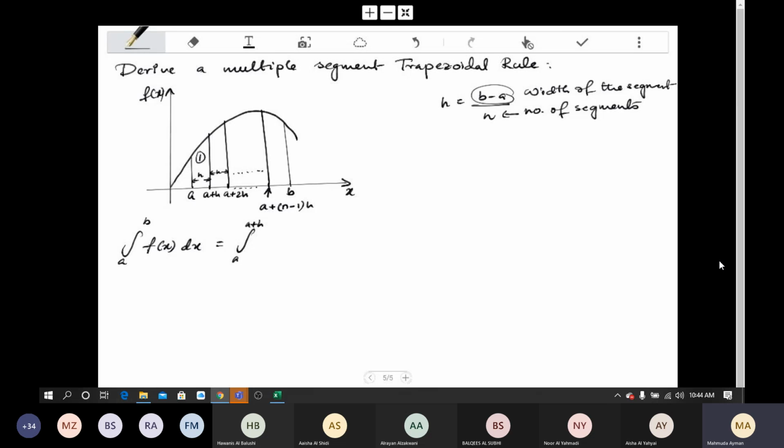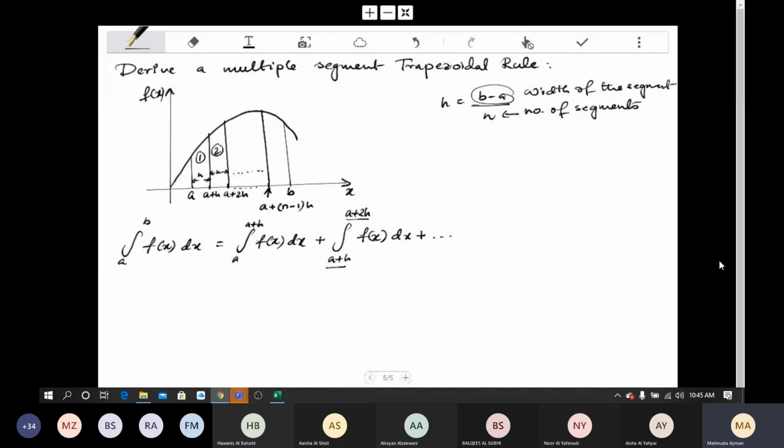Then we have the function dx, plus the second integral from a plus h to a plus 2h. For the second integral, our lower limit is a plus h and our upper limit is a plus 2h, and then we have the function f of x dx.